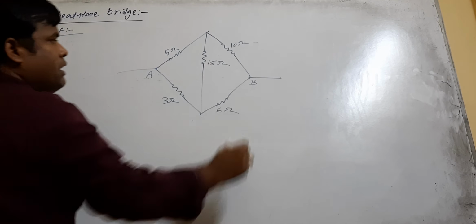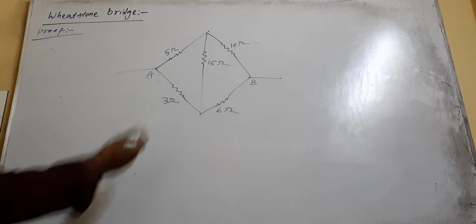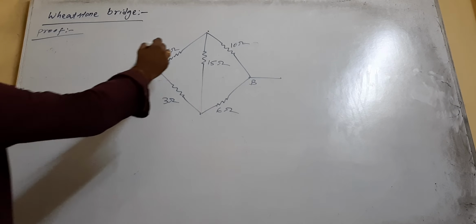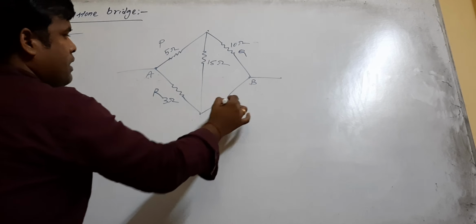My question is to find equivalent resistance between A and B. So you see here whether the bridge is balanced or not. Let it be P, it is Q, it is R, it is S.